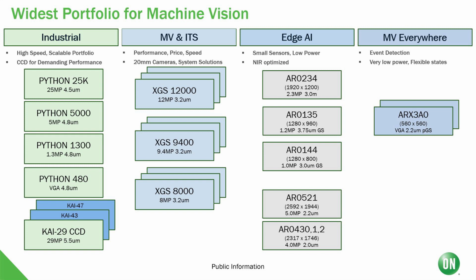For your machine vision and ITS applications, we have our new XGS family of image sensors. These are typically about 1-inch optical format, global shutter, at 3.2 micron, and we have in production today 12 megapixel, 9.4 and 8.